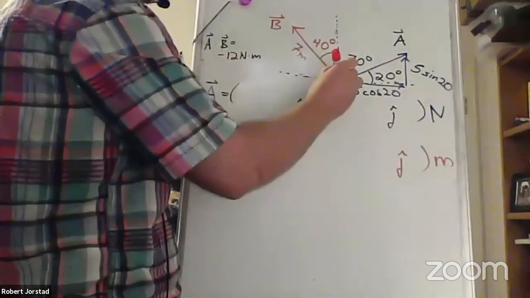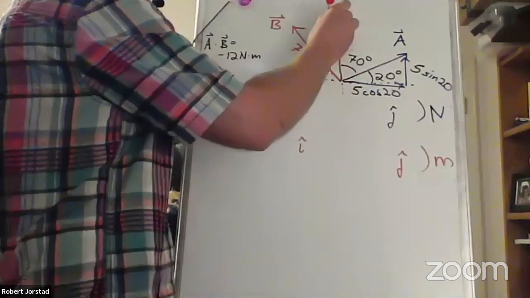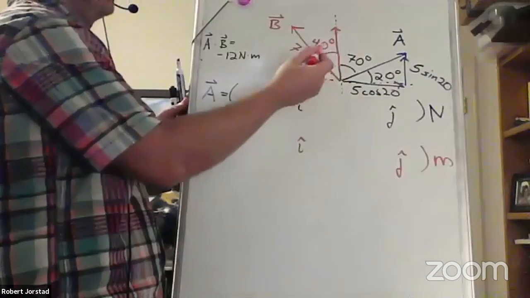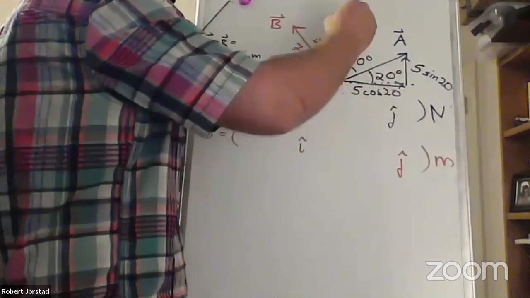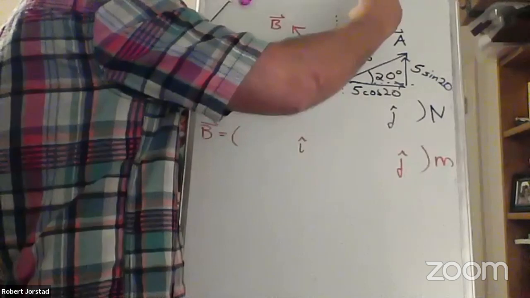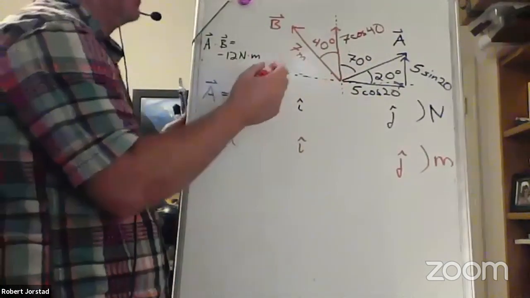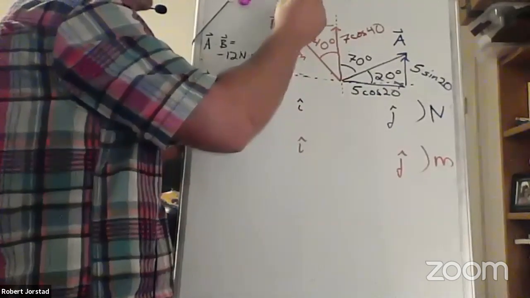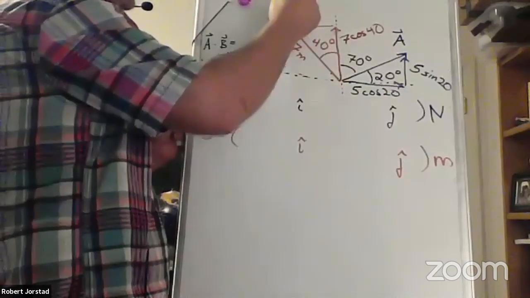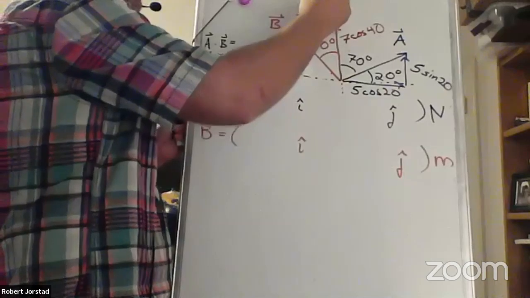I know that this side here is adjacent to the 40, so that's going to be 7 cosine of 40. You could have also said that's 7 sine of 50. That's the same. This side is opposite that, so that's 7 sine of 40.